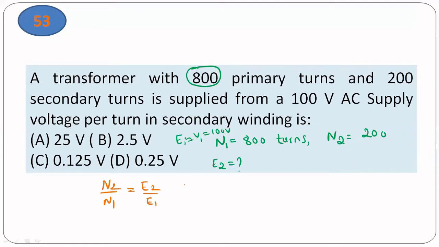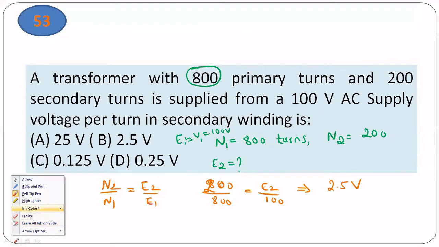So if we solve for this, 200 by 800 is equal to V2 by 100. Now if we solve for this, we shall get the answer as 25 volts, which is option B.